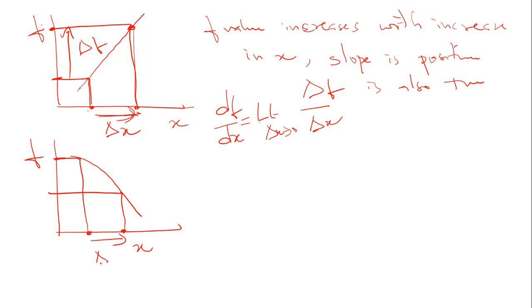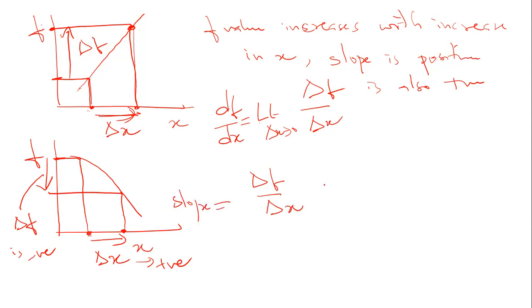So you will find that with an increase of x, that is, change in x is positive, there will be a decrease of functional value. Del f is negative. So when del x is positive and del f is negative, the ratio del f upon del x, which you call slope, is now negative.